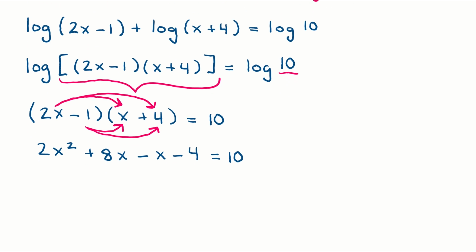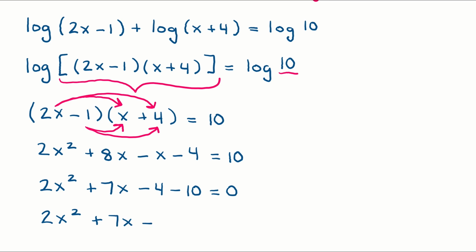Bringing the 10 over to the other side and combining like terms, we get 2x squared plus 7x minus 4 minus 10 is equal to 0, or 2x squared plus 7x minus 14 is equal to 0.